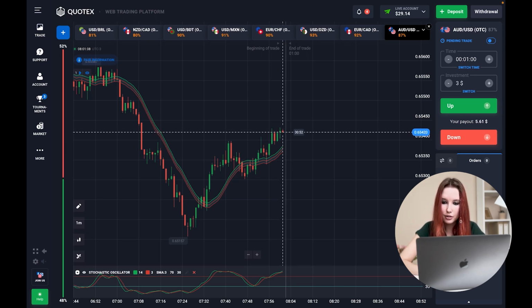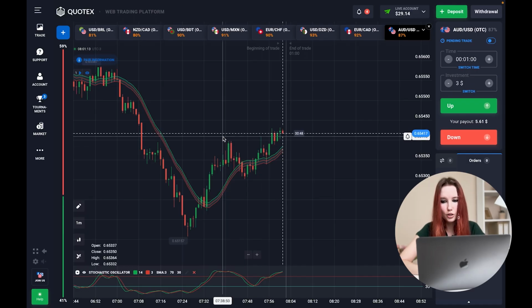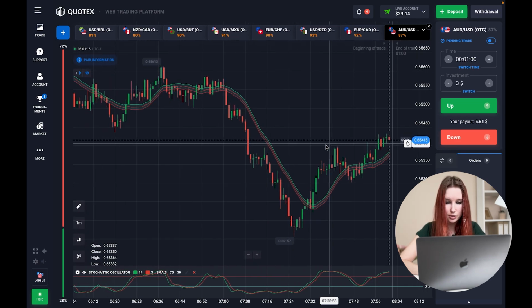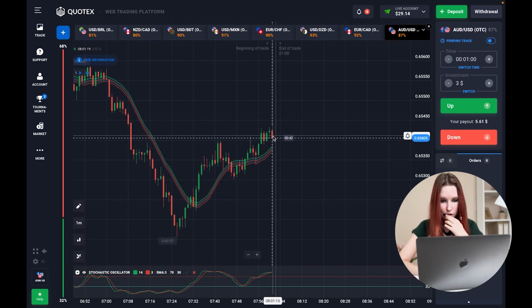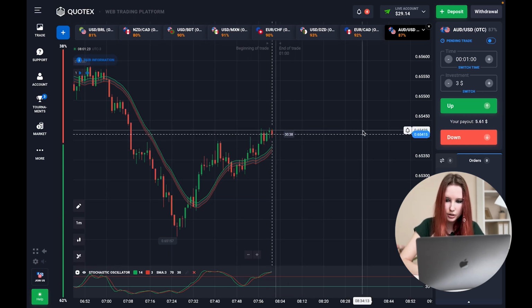If you're a beginner and if you're unsure of your entry point, by no means go in with your entire deposit. Use no more than 10% of it, and you'll be on the plus side anyway. Even if you have a losing trade, as you can see, the price has begun its reversal.